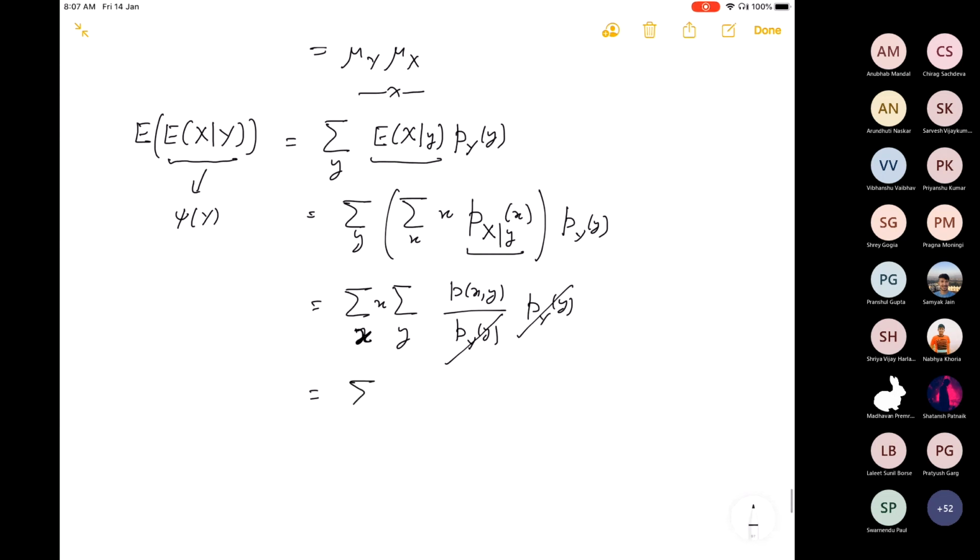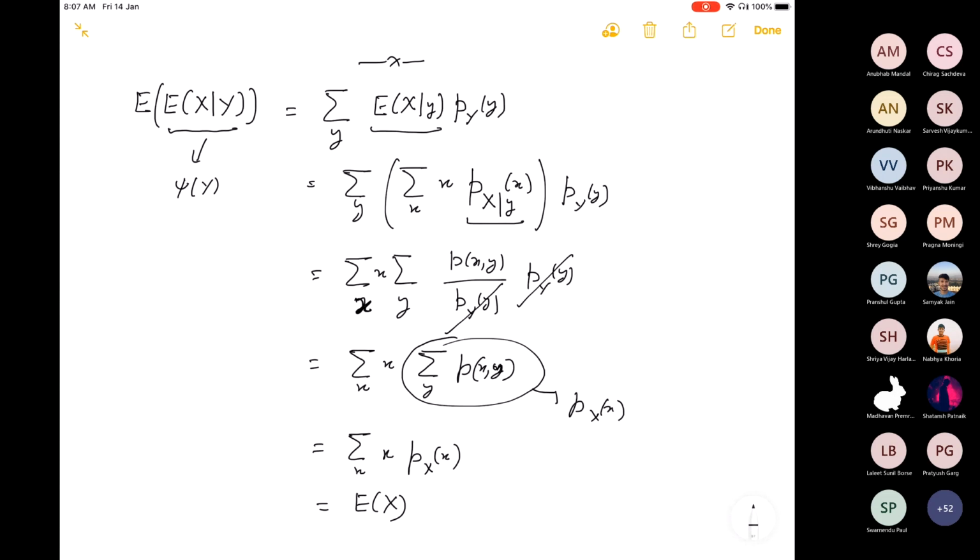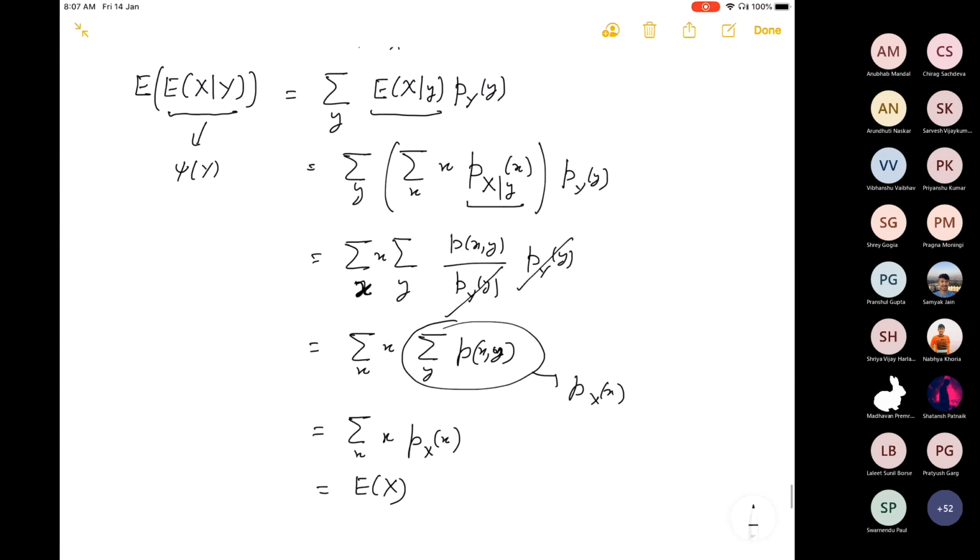So therefore this will be the summation over x, and now we are summing the joint over y. What will we get? The marginal of x. Yes, so we will get the marginal of x. So therefore this will be the summation over x of x times p x, which is the expected value of x. So therefore we have shown that the expected value of x given y is the expected value of x.